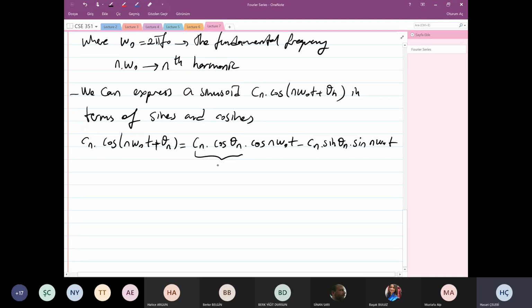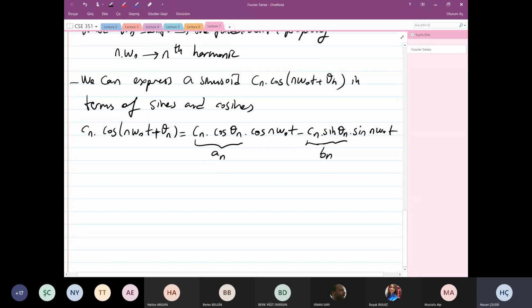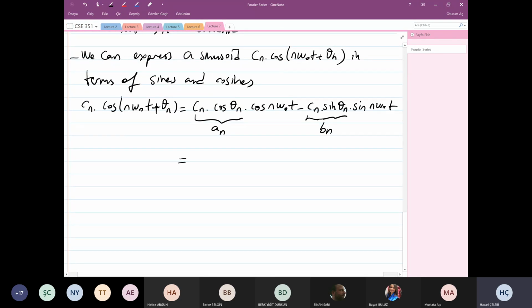So I'm going to call the first coefficient an and the second one bn. Then my sinusoid takes the following form: an times cosine n omega 0 t plus bn times sine n omega 0 t.